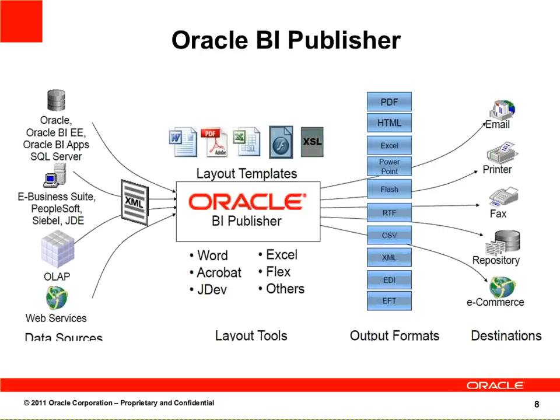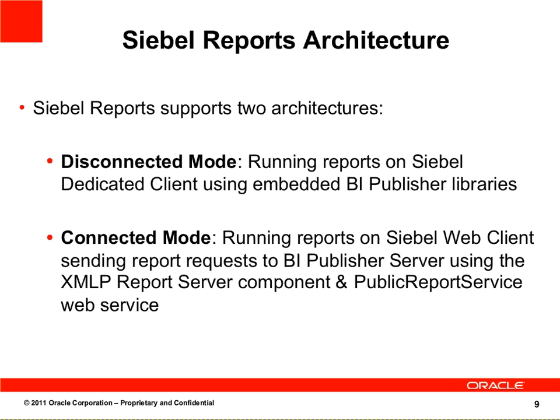It was okay formatting the report, generating the report, getting it into different formats, but BI Publisher has another capability, where you can send that report through different delivery channels, as we call them. It can be delivered via email, to a printer, a fax machine, it can be sent to a website, or it can be dumped into a repository where the users can go and access it. These are all the different kinds of destinations which are available.